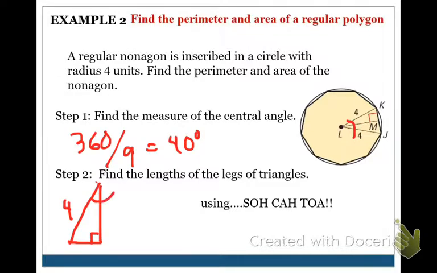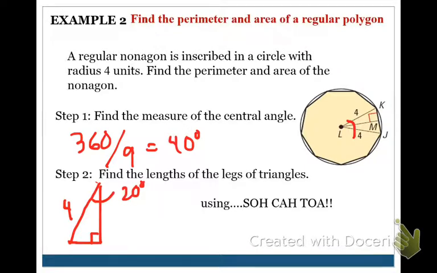This angle would be not 40, but what? 20. So I'm going to use 20 and 4, and we need to find both the side length and the apothem, and then this is half the side. We have to find both of those.